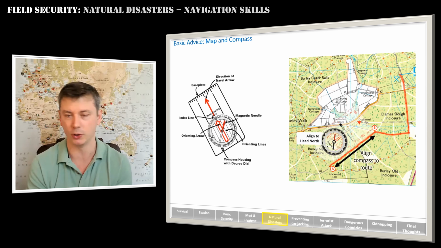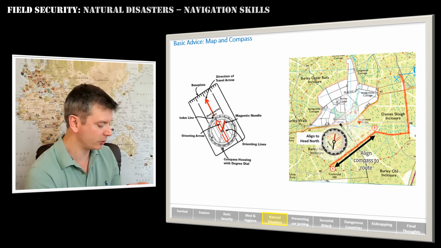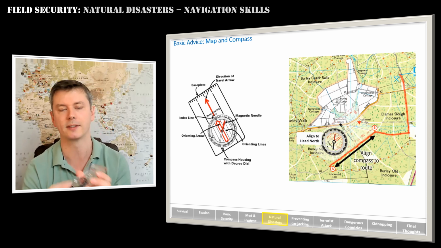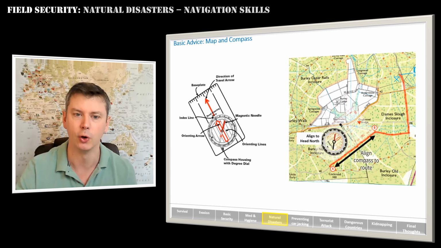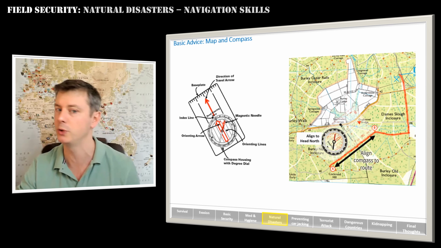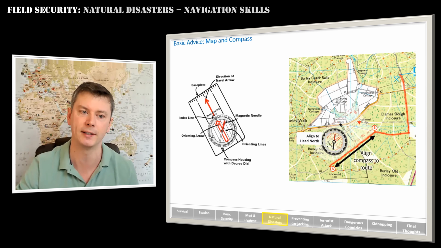And then all you do, as was mentioned in the video, is spin yourself around so that the needle here, the red needle, not the white part of the needle, the red needle, which is the north bit, spins around by you spinning and goes into this orientation arrow here.